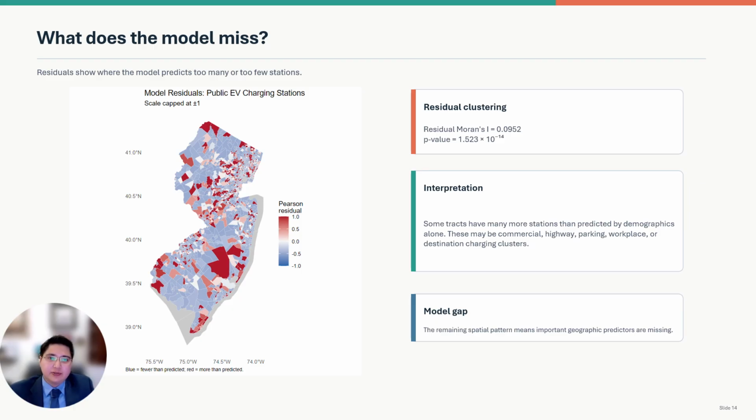In other words, the model is still missing geographic trends, and some tracts have many more stations than predicted by demographics alone. This is one of the main limitations of the model. So demographics explain part of the pattern, but land use and transportation infrastructure likely explain more.